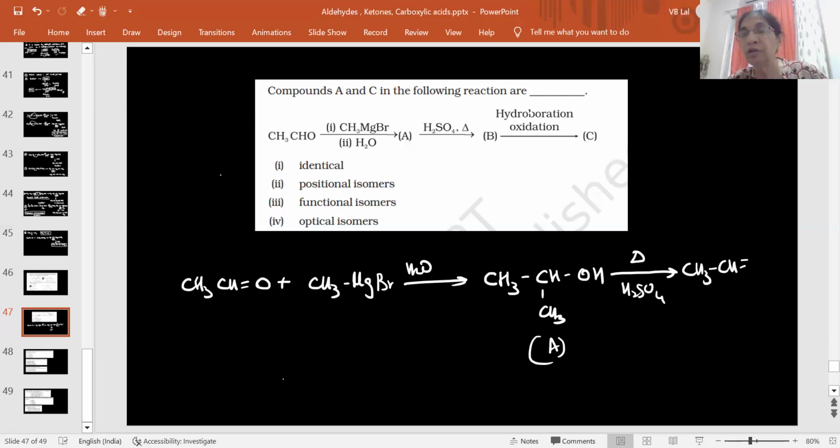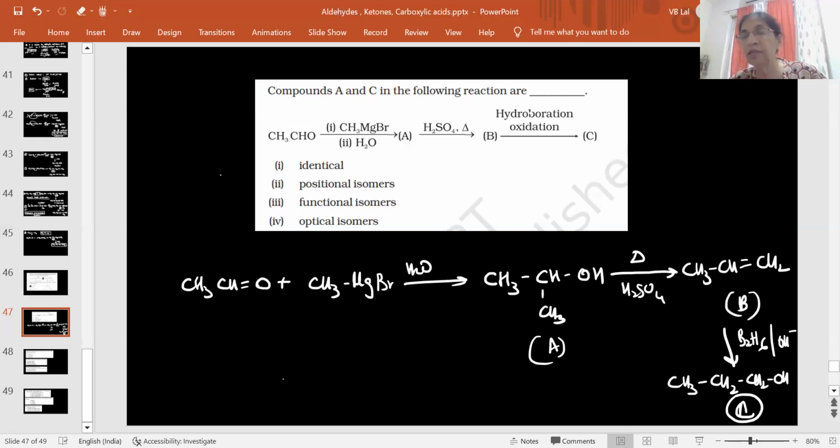CH3CH=CHCH3, dehydration. This is B because of elimination of water. And then when you do hydroboration oxidation, B2H6 in presence of OH minus, water will add again and you will get 1-propanol, right? So this is C.